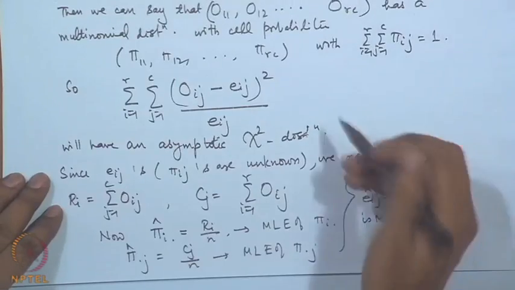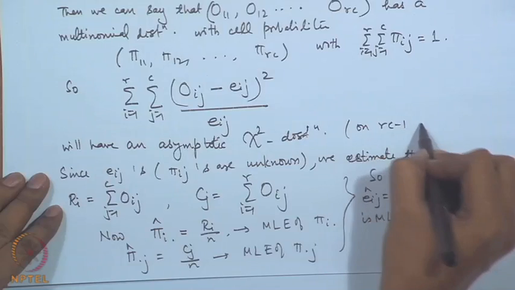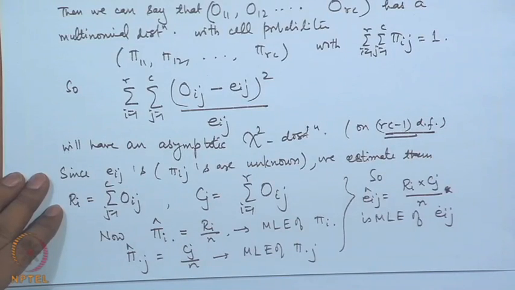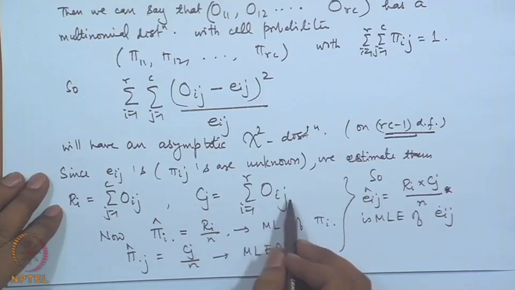Okay. This will have R c minus 1 degrees of freedom, but now we have estimated R plus c terms. Okay.